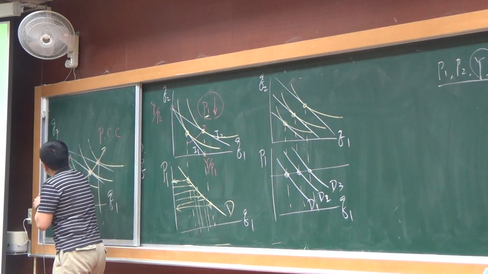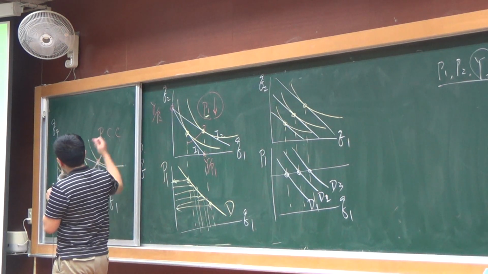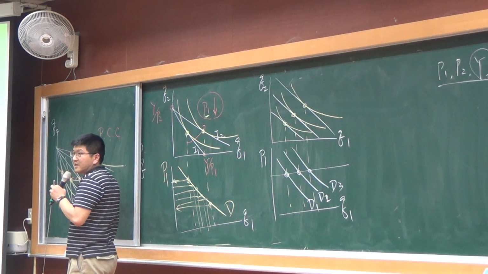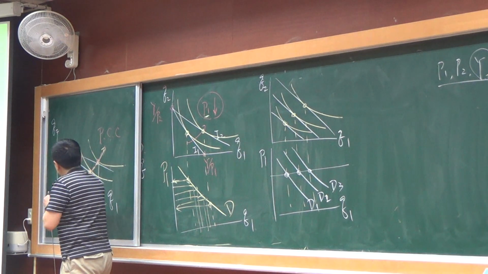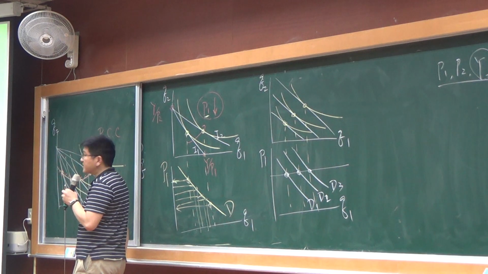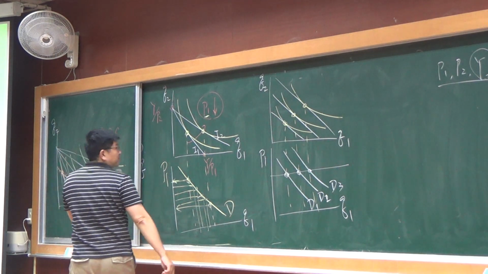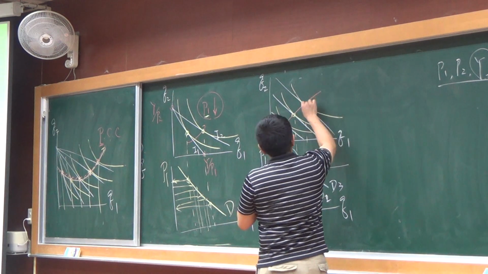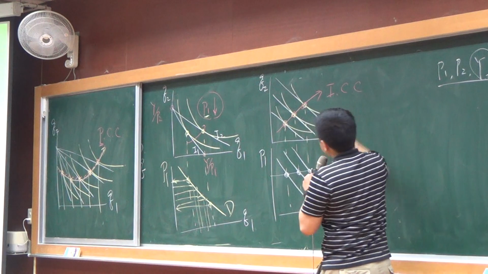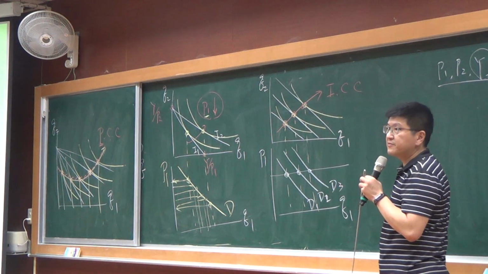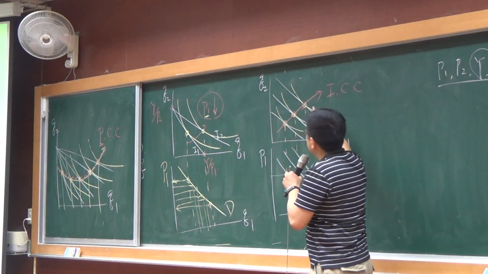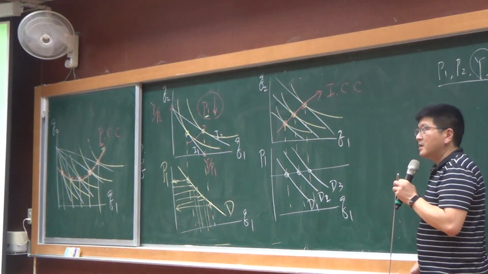The reason why we call this curve a price consumption curve is that this curve connects all equilibrium points, and because the change comes from the change in price, it's a price consumption curve. And this would be ICC, income consumption curve, because the change comes from the change in income.